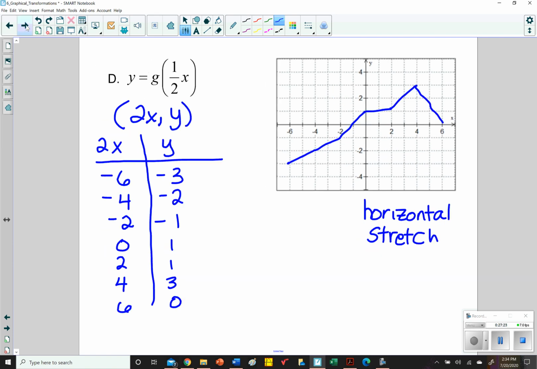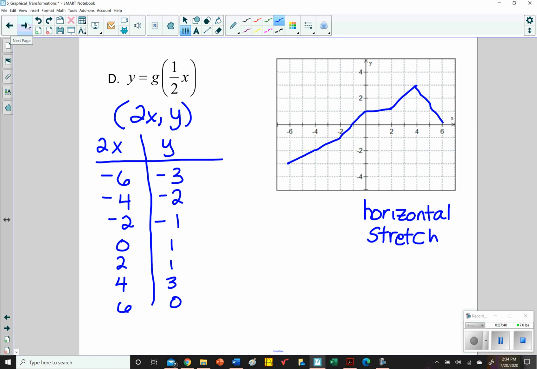On letter D, we had 1/2 here, so that's going to make a horizontal stretch. You can see it's very elongated, so we're going to double the x values, and that made my table have this set of ordered pairs. And graphing that out with a somewhat straight line on my tablet, I have that.